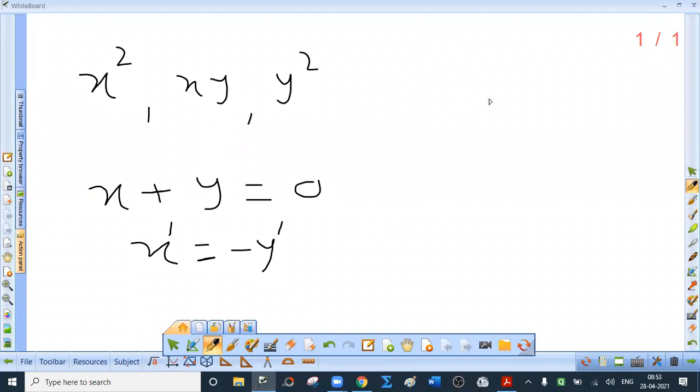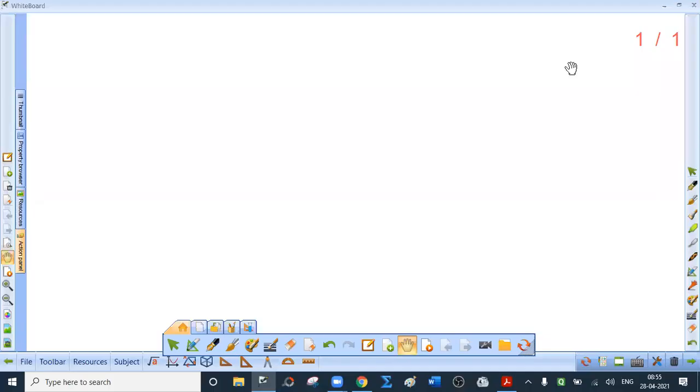Okay. Now the next important part is we are going to show that the joint equation of a pair of lines through the origin is a homogeneous equation of second degree in x and y. I will tell you the statement of the theorem once again because we are going to discuss the proof also. The theorem is: the joint equation of a pair of straight lines through origin.